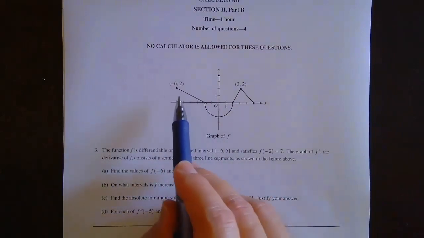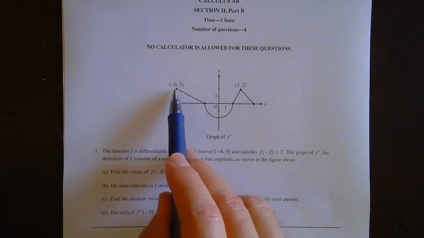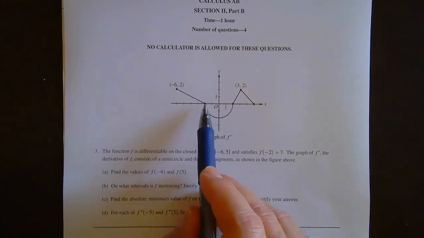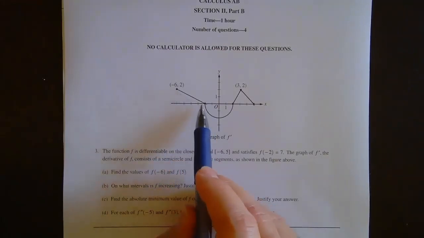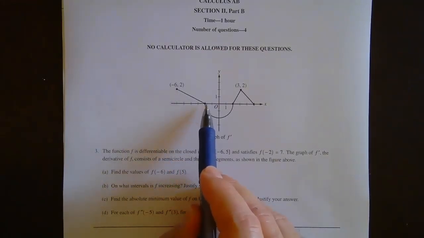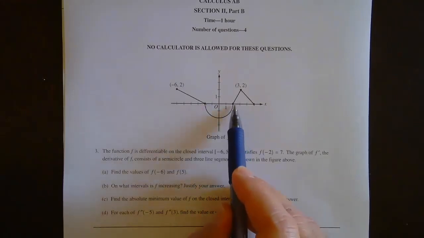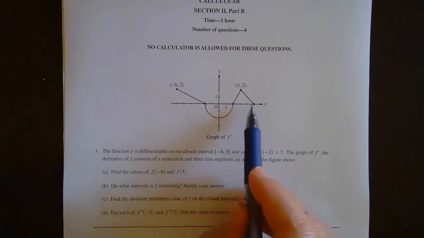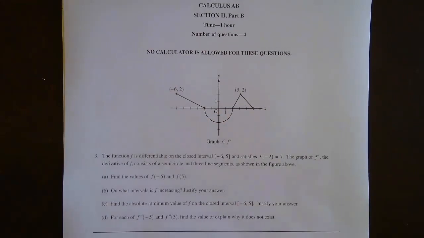Grabbing the graph, I know that f prime is positive from -6 to -2, including -6 and not including -2, because it's 0 there. And then it's also positive between 2 and 5. So that's where f prime is positive.